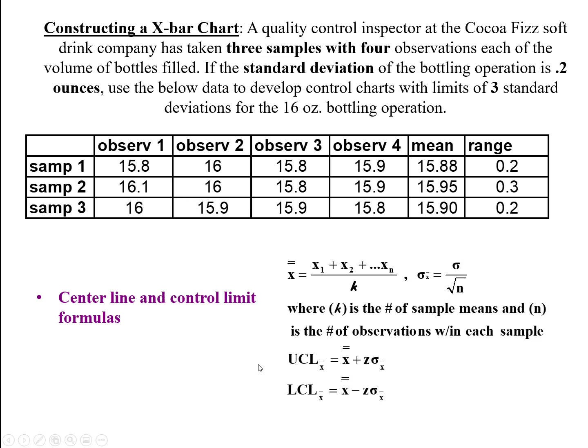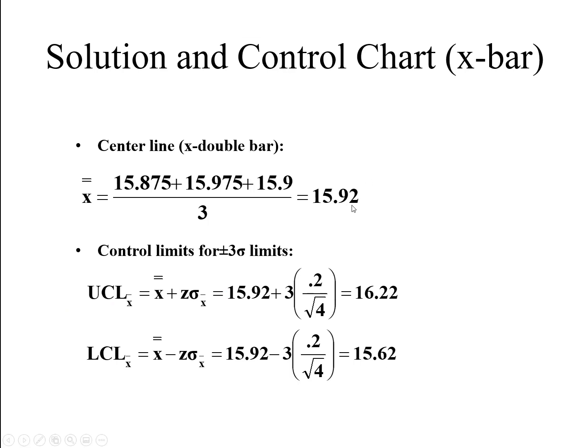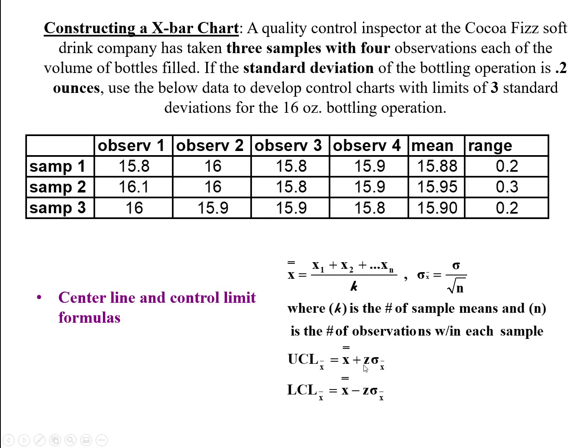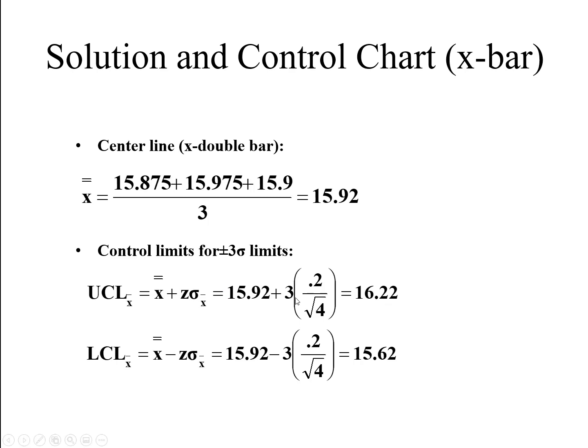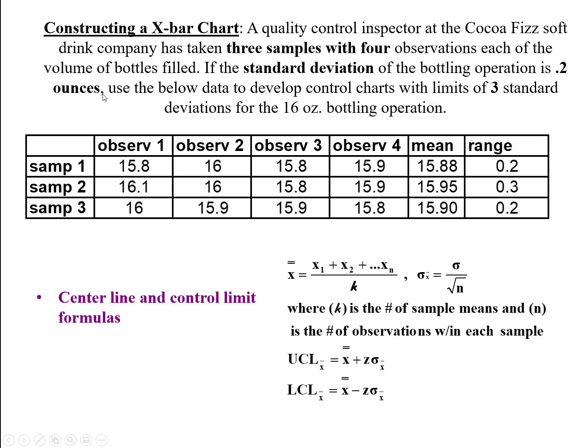In order to calculate the upper control limit, this is the formula, x double bar. We have already calculated x double bar, which is 15.92. 15.92 plus 3, because they already mentioned to use the below data to develop a control chart with limit of 3 standard deviation.